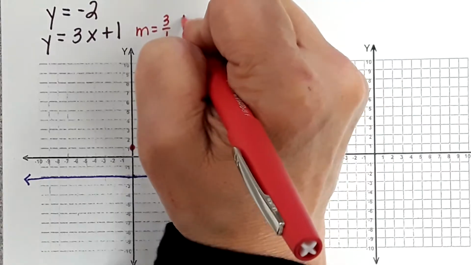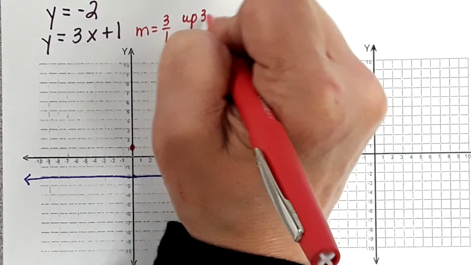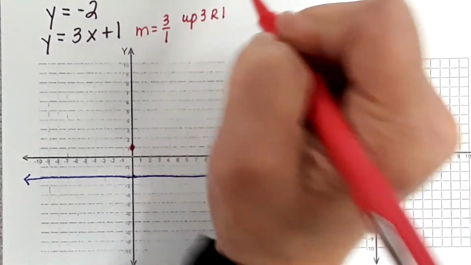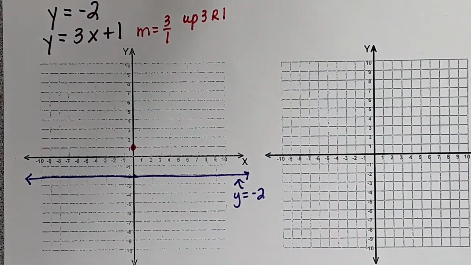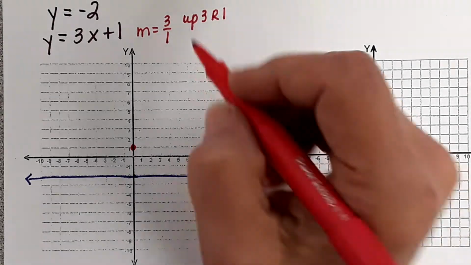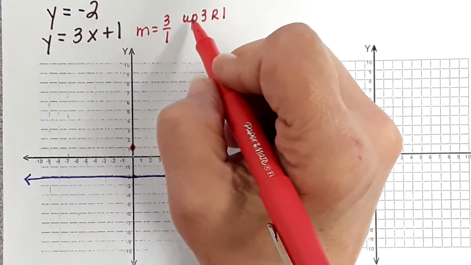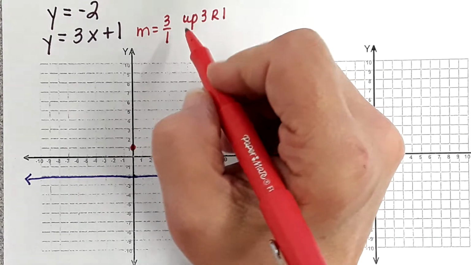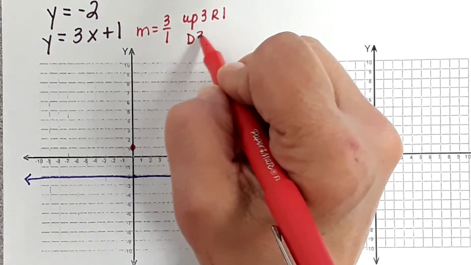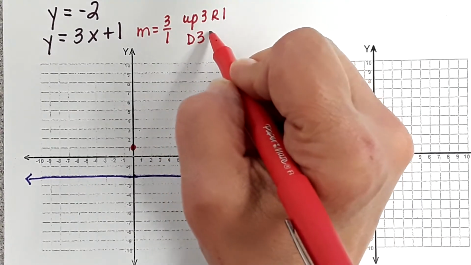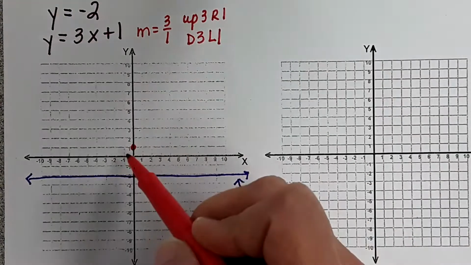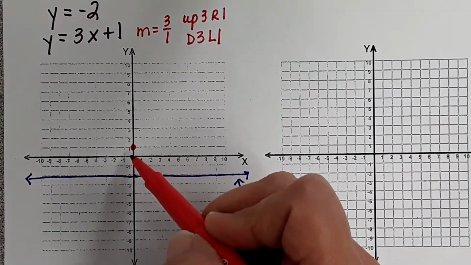That means I'm going to go up 3, right 1, or what's the other thing that I can do? What's the opposite of going up 3? Down 3. And what's the opposite of going right 1? Left 1.